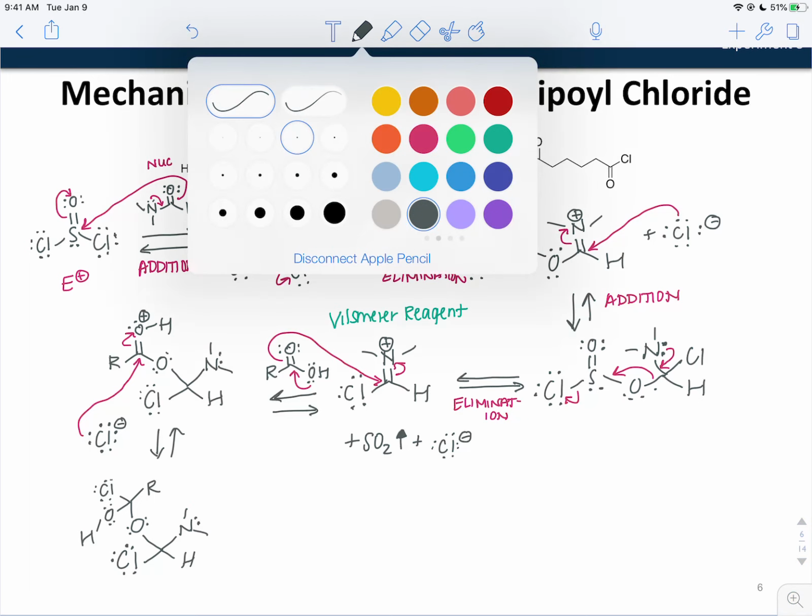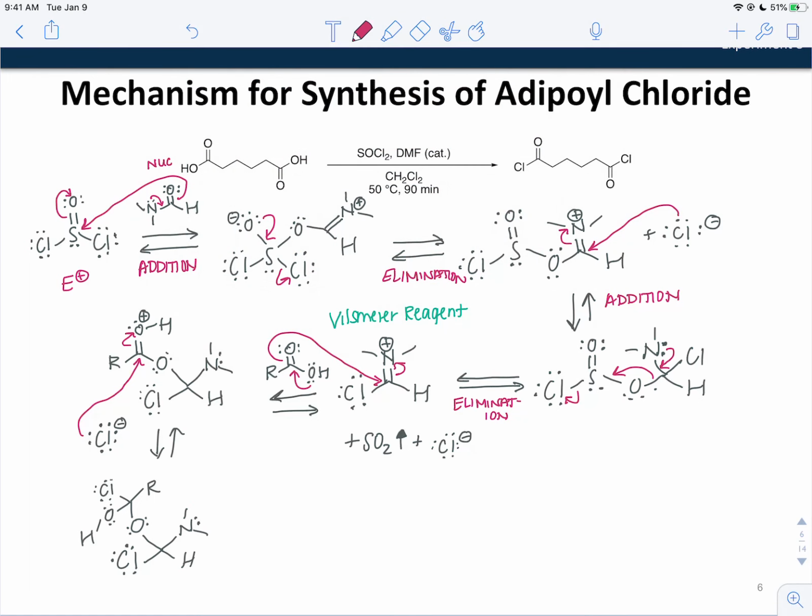Okay, so now what's going to happen is a very interesting type of process. Where we start our arrows here is really not important. This is a concerted mechanism. This step of our mechanism is concerted.